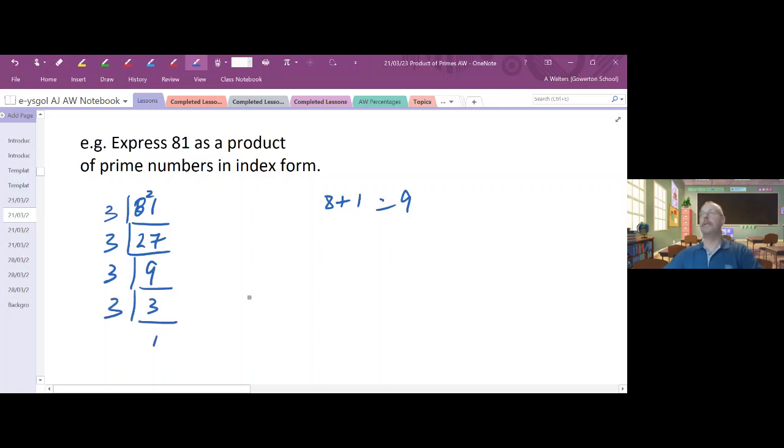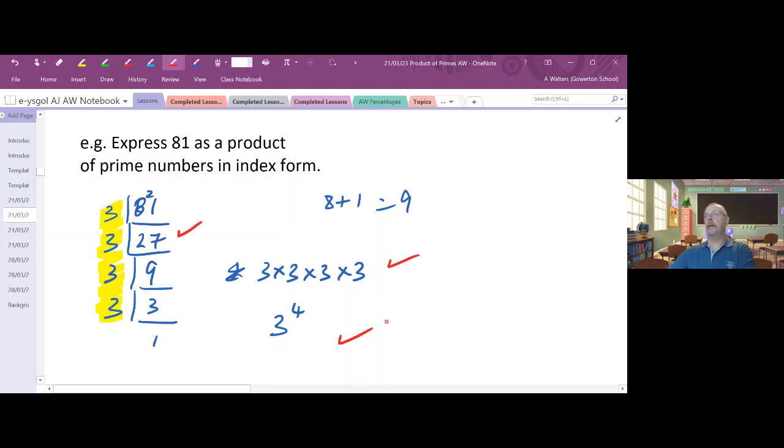So I should end up with, and I would encourage you to write this out, 3 times 3 times 3 times 3. It's everything you see. All the factors are on the left-hand side. And then there's 4 of them, so you simplify it, 3 to the power 4. 3 marks, 1 if that's correct, 1 if that's correct, 1 if that's correct.